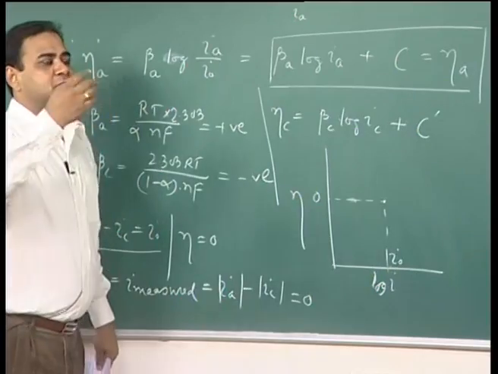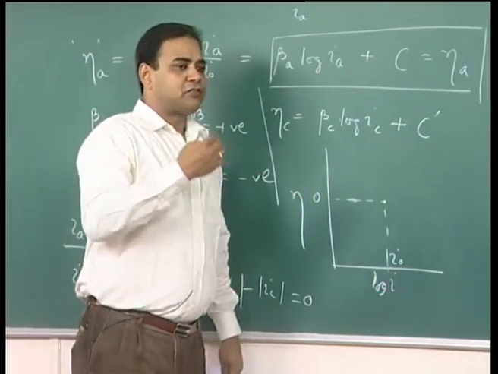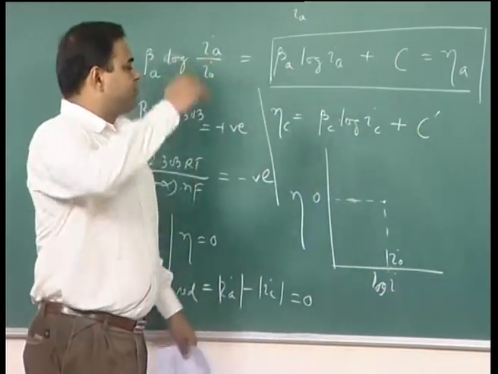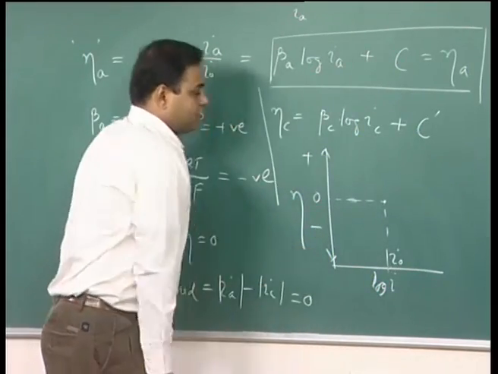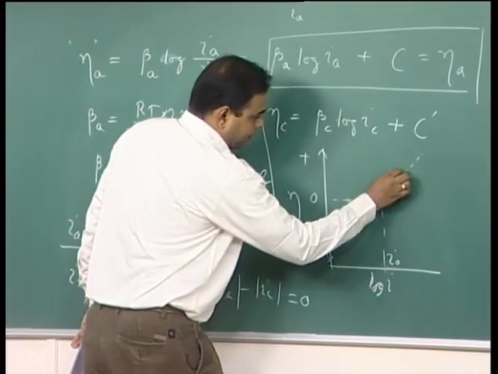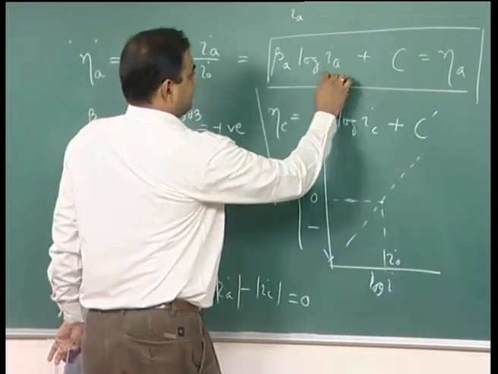Let us say I know what is my I A with the progress of polarization along the positive side. This is positive, this is negative side. So, that will be governed by this equation.